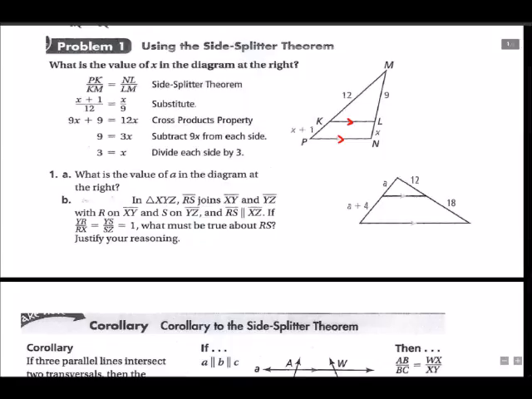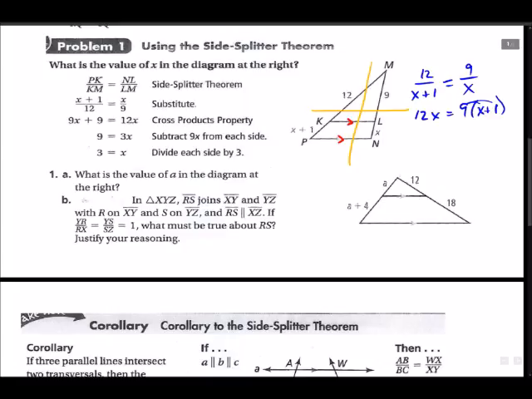So if we have the parallel lines, that means we can just use the four square here, and we can write a proportion. So I can say 12 compares to x plus 1, and 9 compares to x. And then we simply cross multiply. Don't forget to use your parentheses, and then we would distribute.